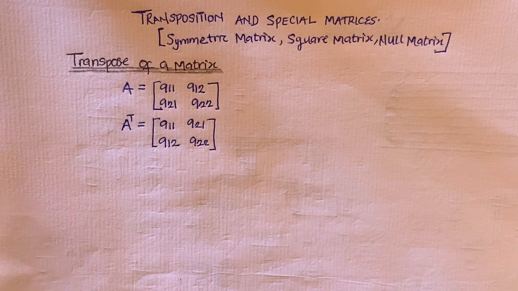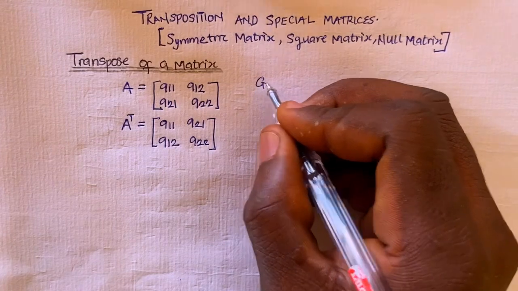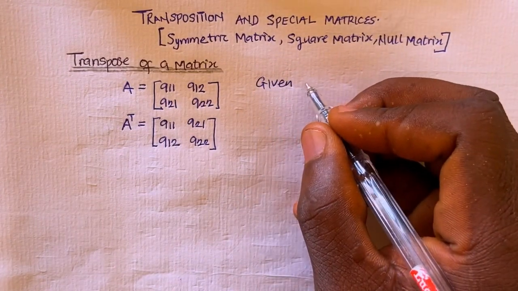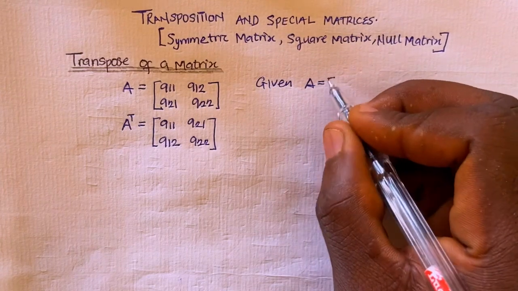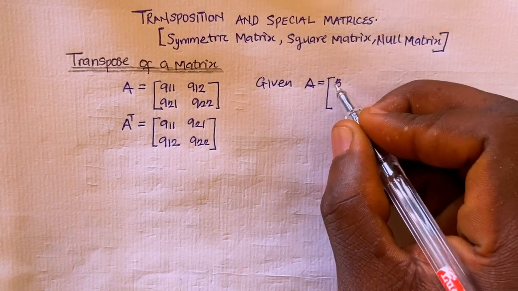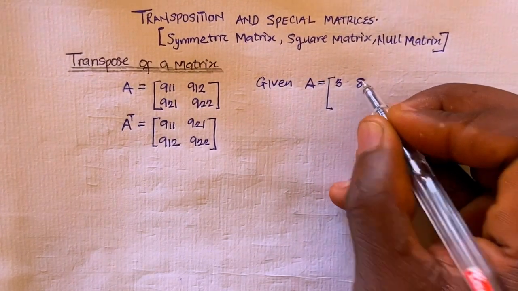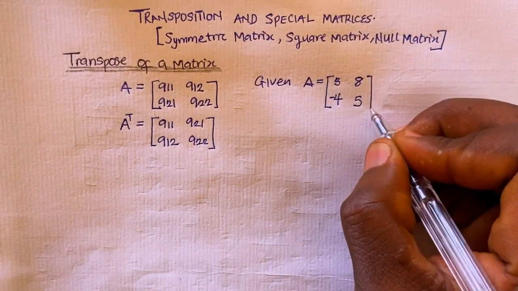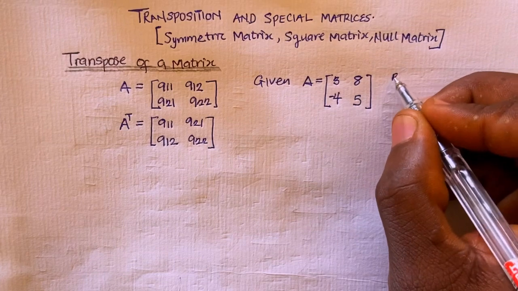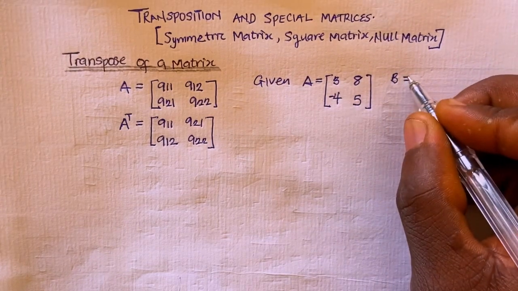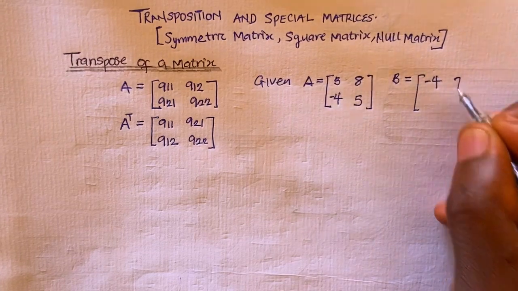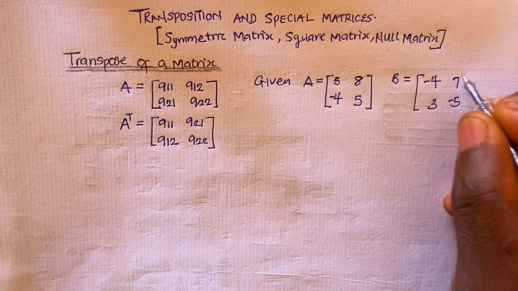Let's say you are given that matrix A equal 3, 8, minus 4 and 5. Then you are given that matrix B equal minus 4, 7, 3 and minus 5.